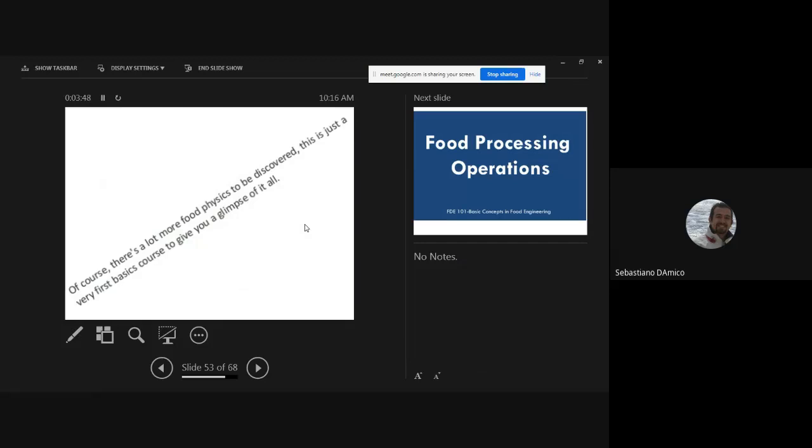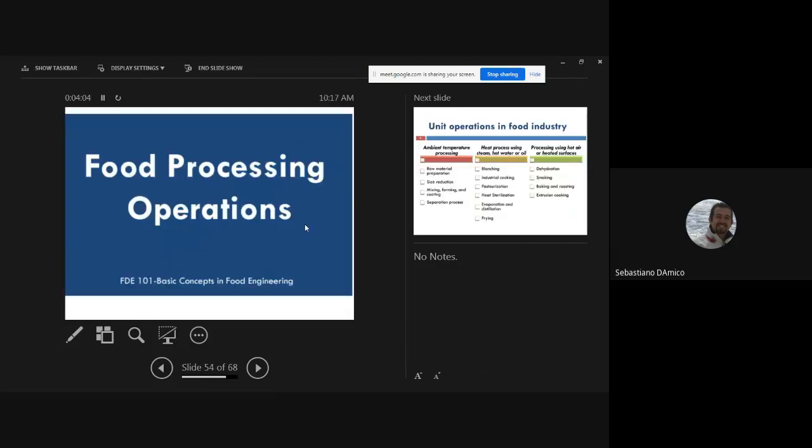So obviously, there is a lot more food physics to be discovered. These are just a few examples that give us a glimpse of what's going on out there. But one nice thing that we can conclude this session with is food processing operations.